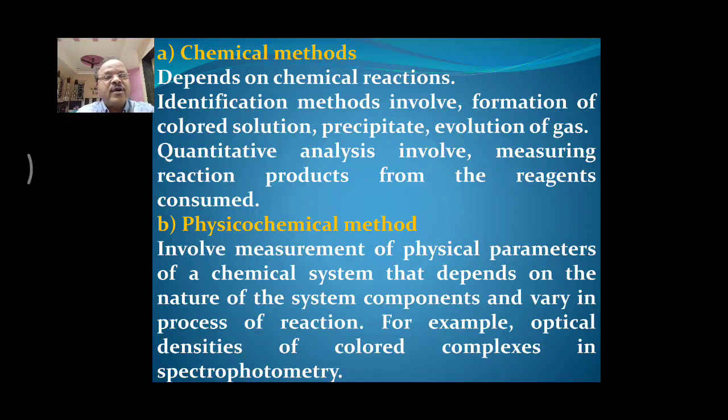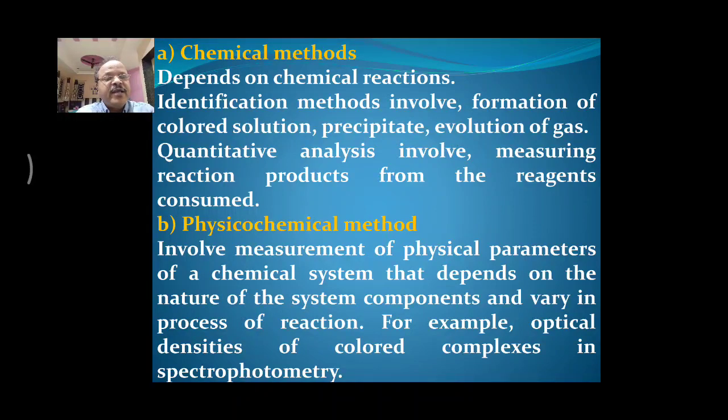So first of all, make it clear, the physicochemical method is used to measure a physical parameter. Now let's take the example so that it will be clear. For example, optical densities of colored complexes in spectrophotometry.